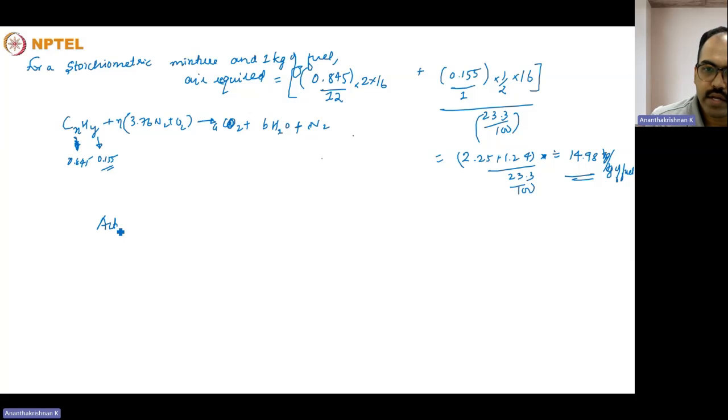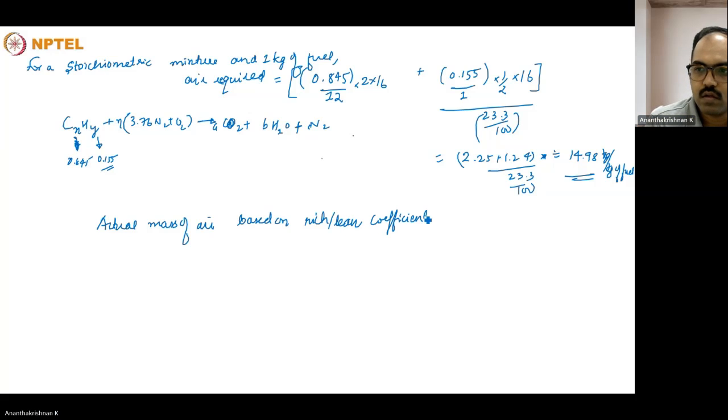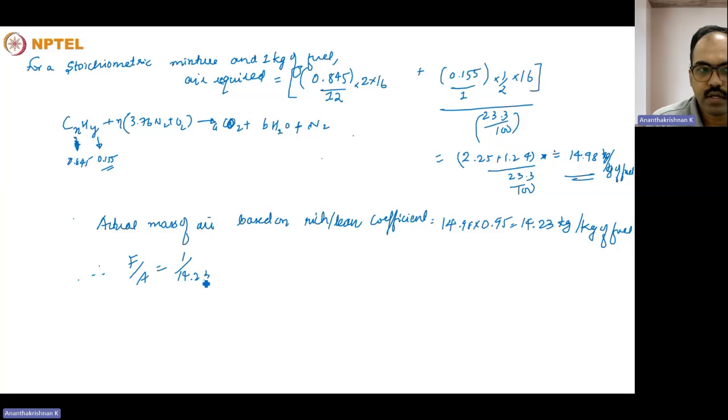So the actual mass of air, based on the rich or lean coefficient, is 14.98 into 0.95, which is 14.23 kilogram per kg of fuel. Therefore, the fuel to air ratio will be 1 by 14.23, equal to 0.07.